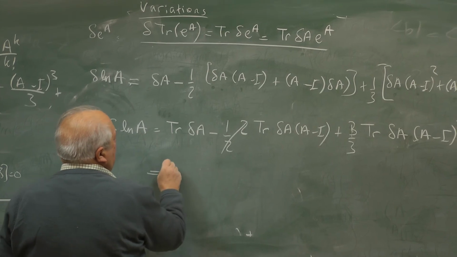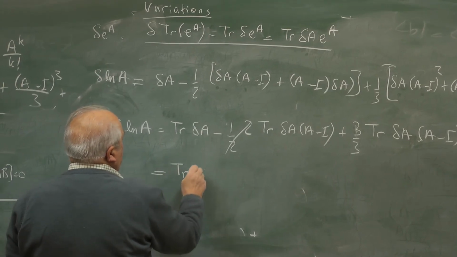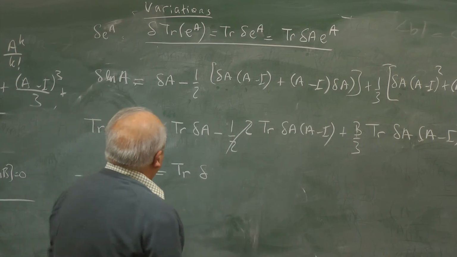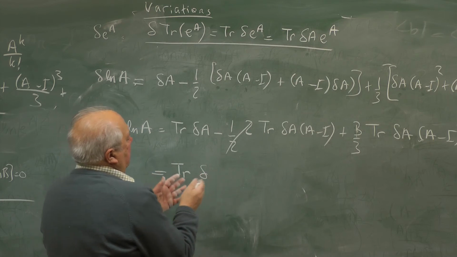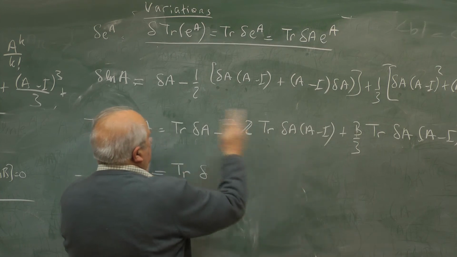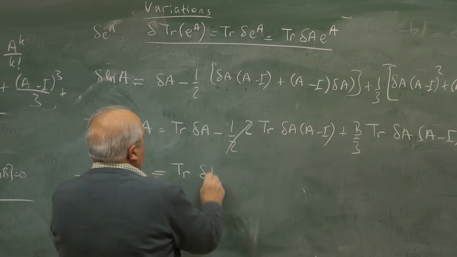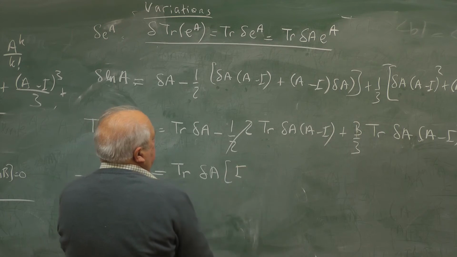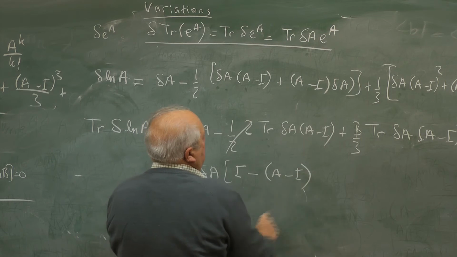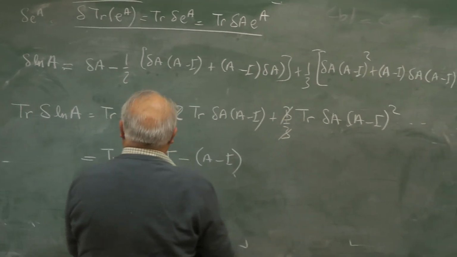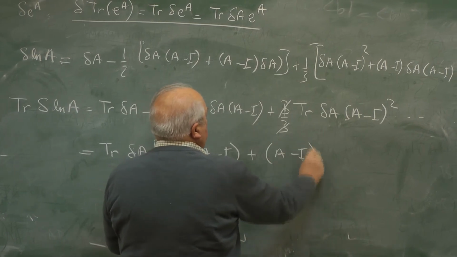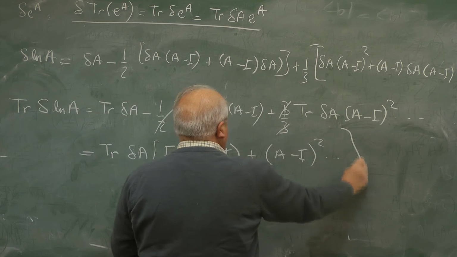So this is trace. Since trace is a linear operator, you have a bunch of terms, you are taking the trace. It's the same trace if you first sum them and then take the trace. So this is delta A, I minus A minus I, here plus A minus I square, etc. It goes.